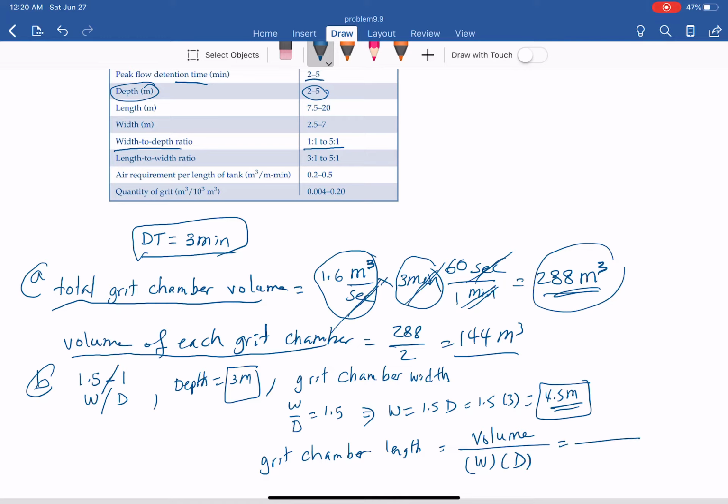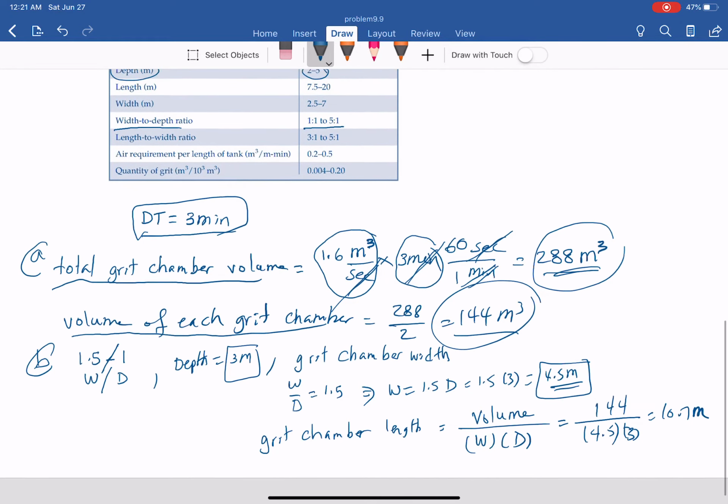So what was the volume? The volume was, of course we have to look at each chamber, not the total, 144. What was the width? 4.5. And what was the depth? 3 meter. And you'll end up with 10.7 meters.